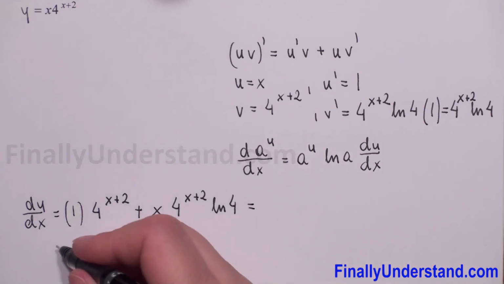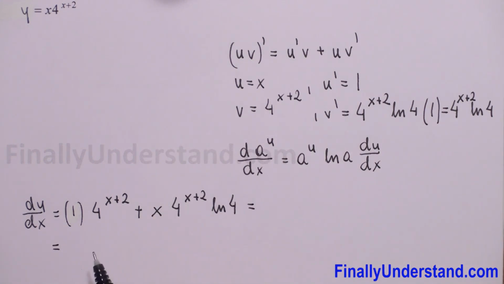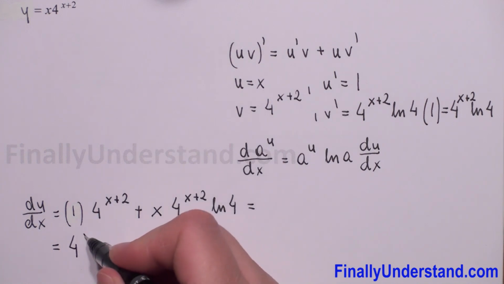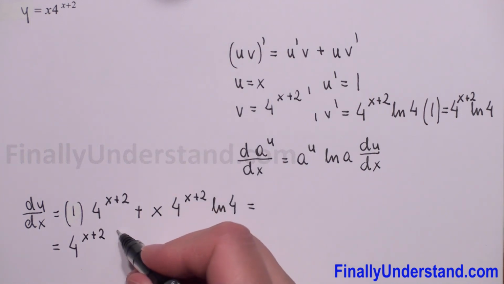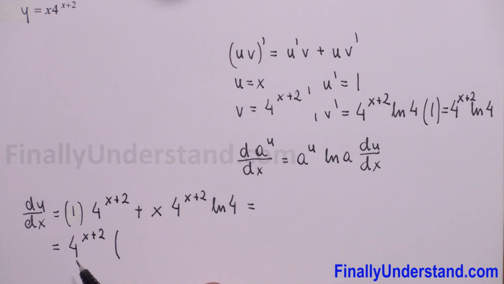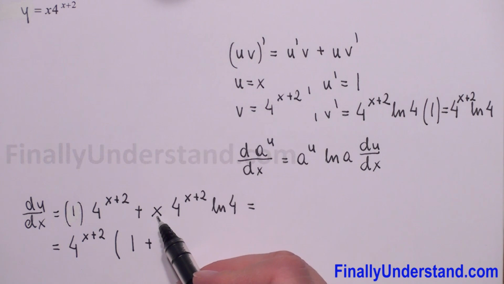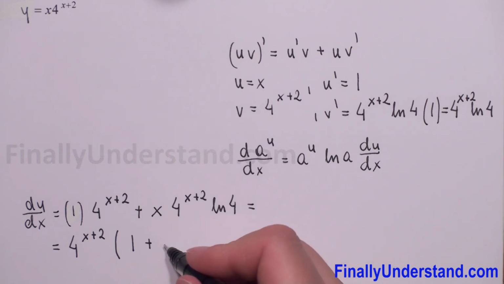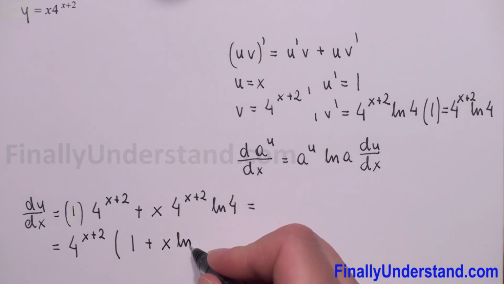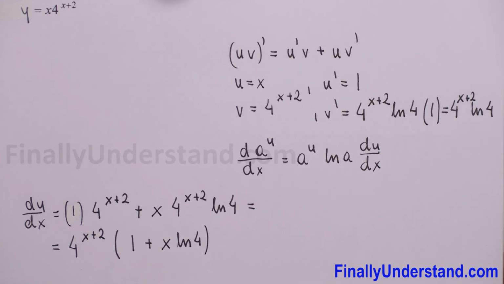This is equal to, we can factorize 4 to the power x plus 2, and in parentheses we will have 1 plus x times the natural log of 4. This is my solution.